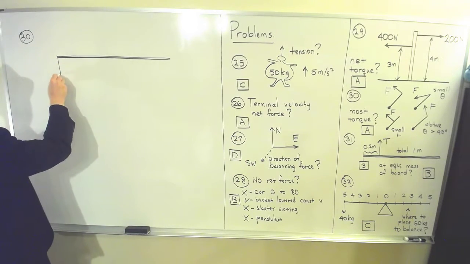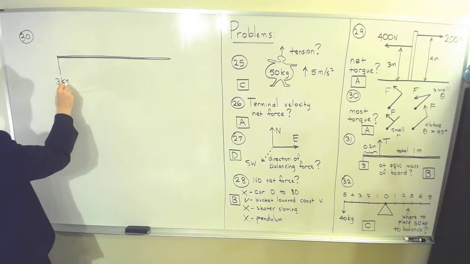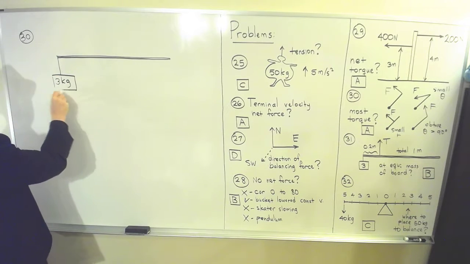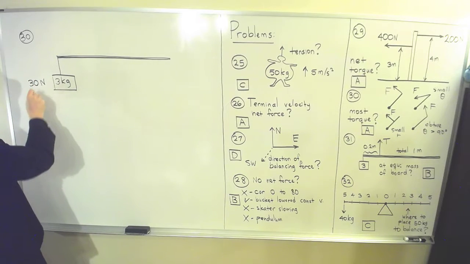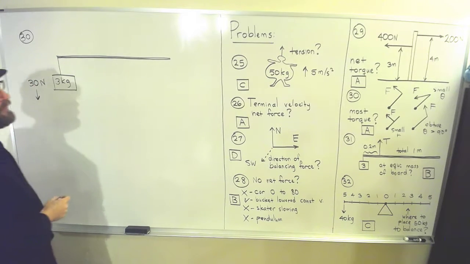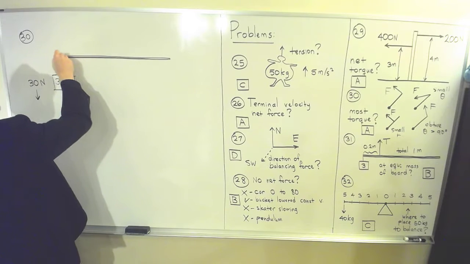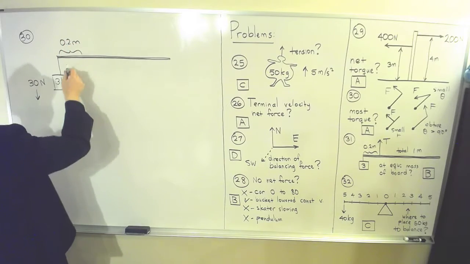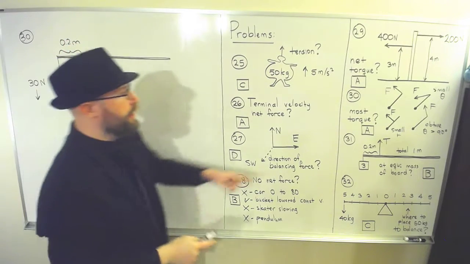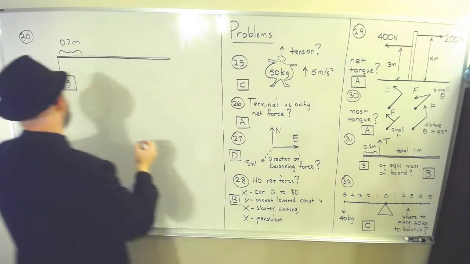And then I have a weight hanging from the end here, and this is 3 kilograms. So you can say immediately that this is 30 newtons of force going down this way. And then there's a distance here of 0.2 meters, so that's 1/5 of the length of this thing, because the total length is 1 meter, that's what you're told.